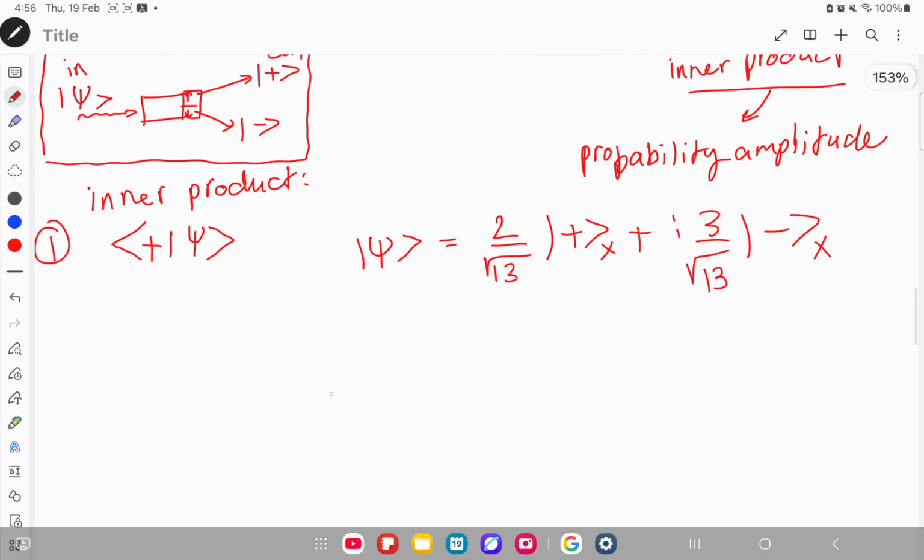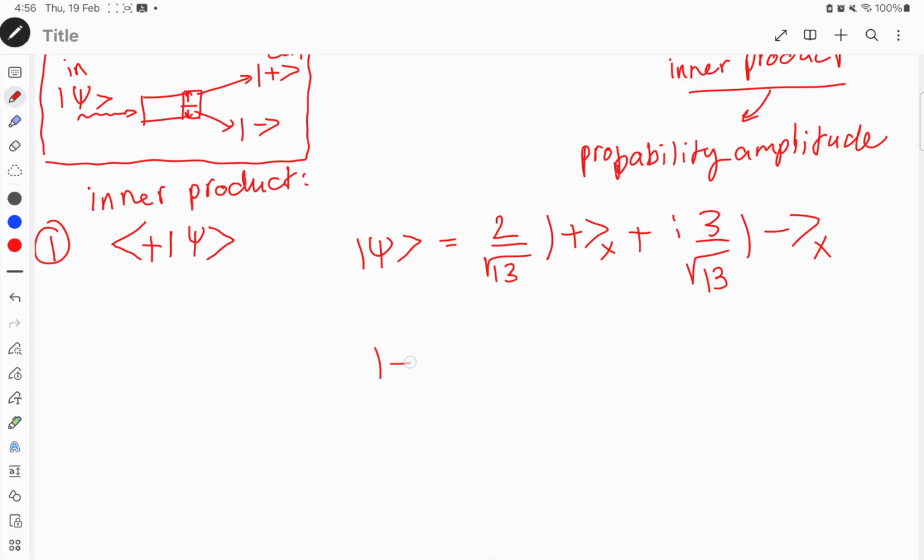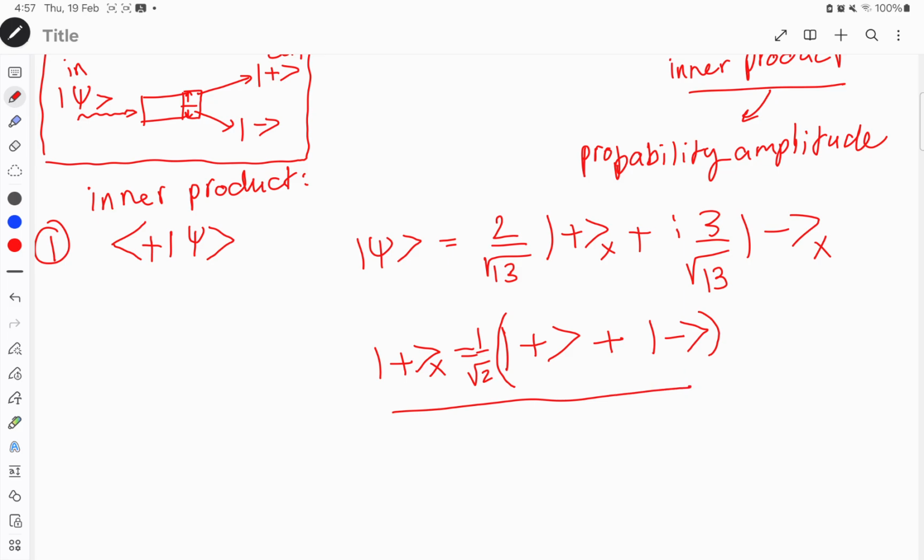We know that the positive x state is equal to one over root 2 times the positive z state plus the negative z state. How we got this, maybe I will do another video to explain it.